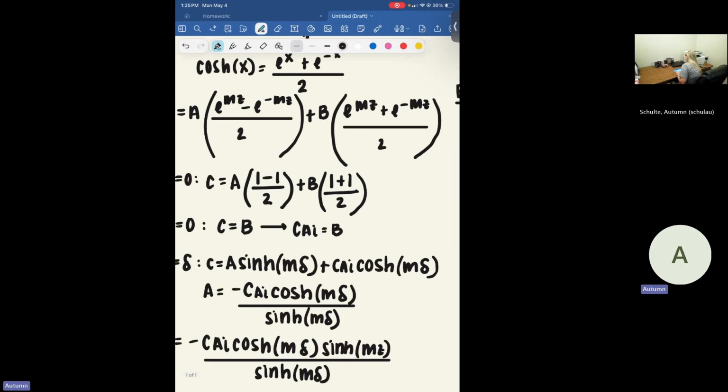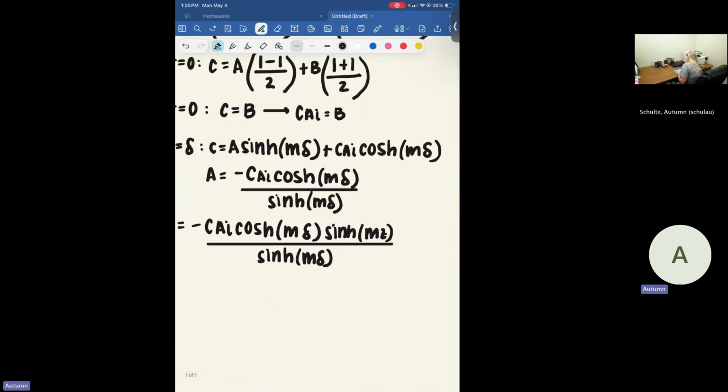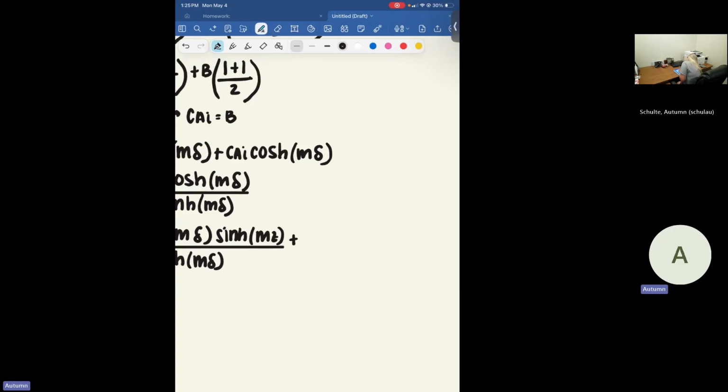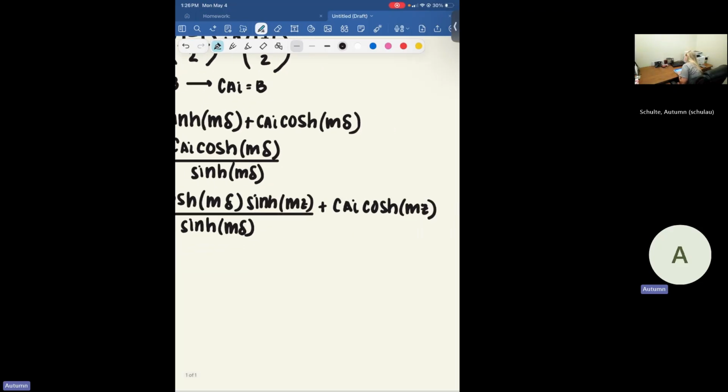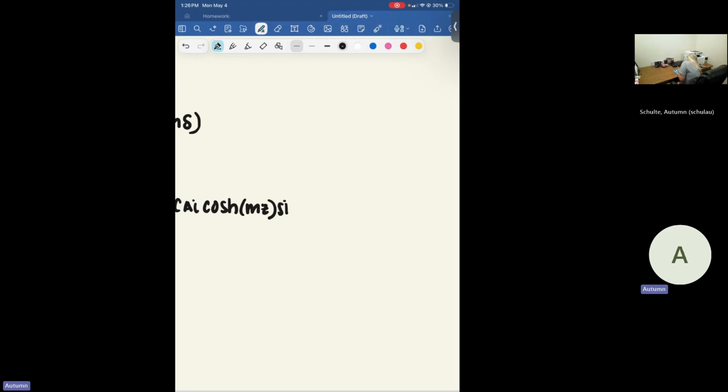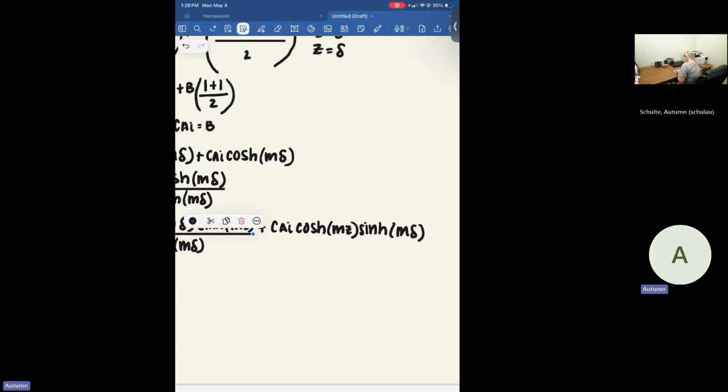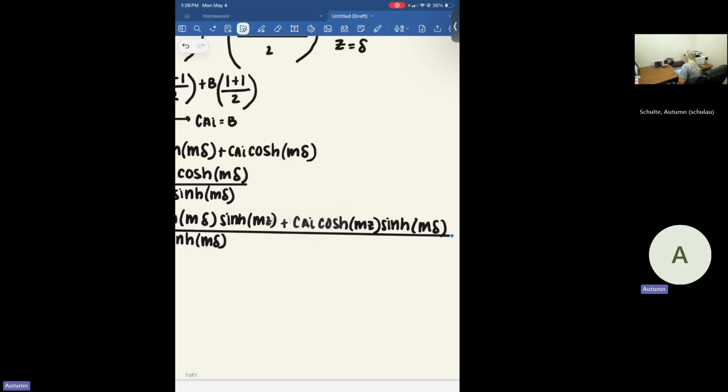And then we're going to add B, which we said is the concentration at our interface multiplied by the hyperbolic cosine of mz. And just to make this more simple, I'm going to also multiply by the hyperbolic sine of m delta, so we can simply expand this division symbol over.